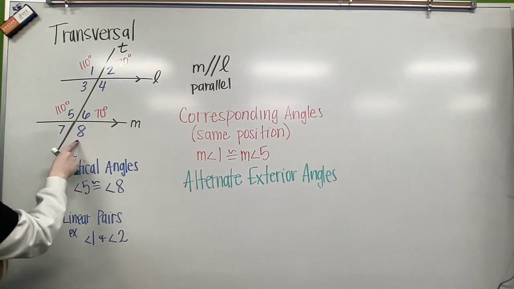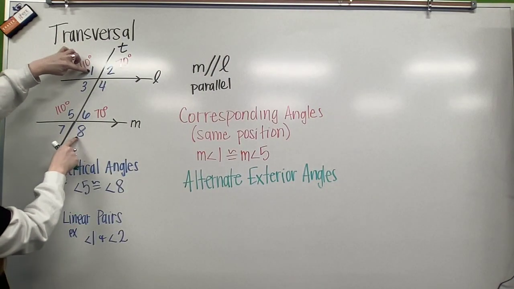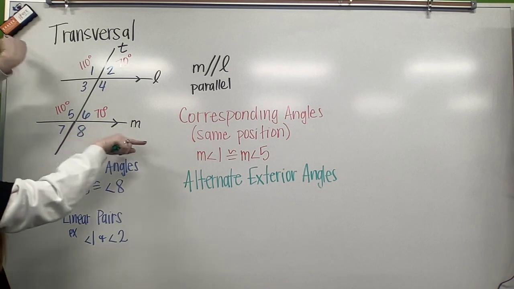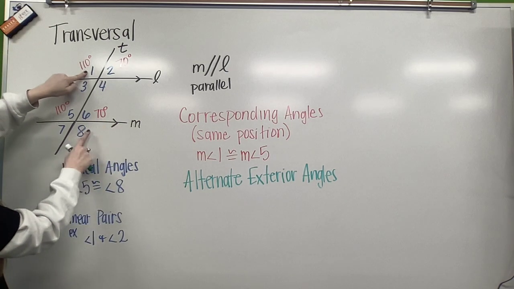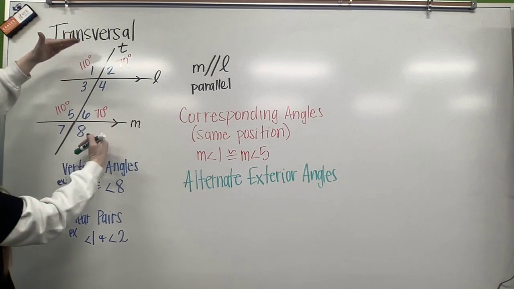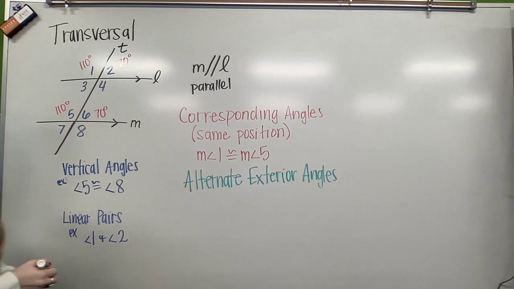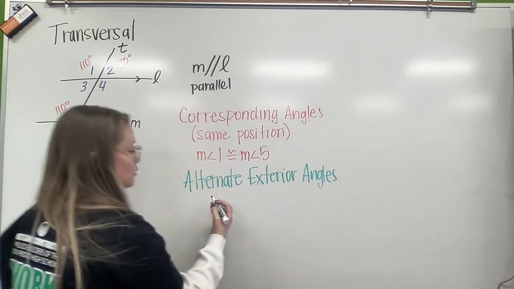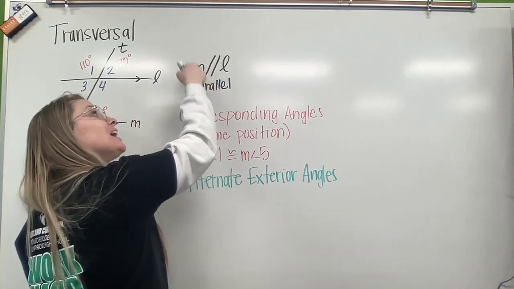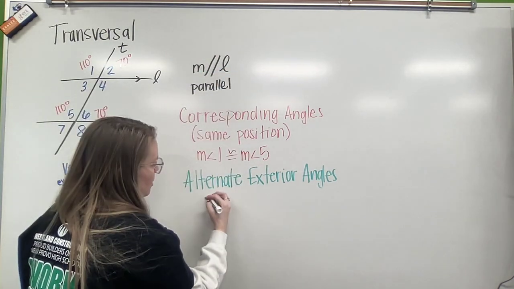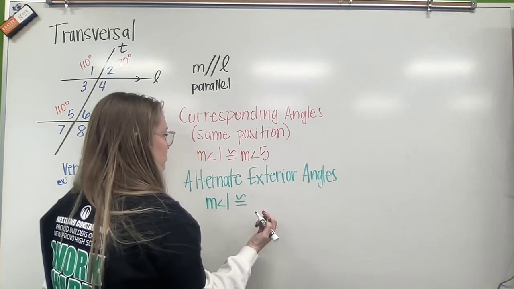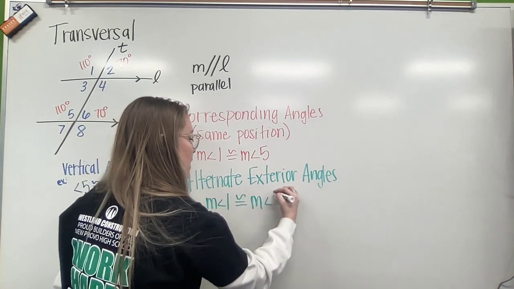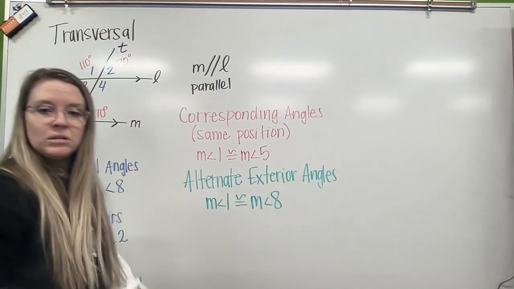So 1 and 8 are opposite exterior. This is on the left side, this is on the right, and they're on the outside of our lines. So 1 and 8 are alternate exterior angles. And because M is parallel to L, the measure of angle 1 is congruent to the measure of angle 8.